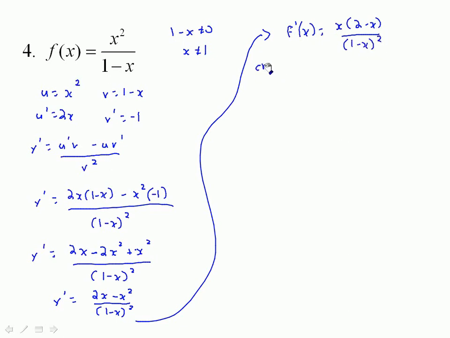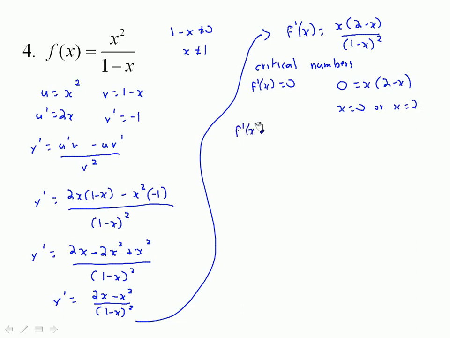So critical numbers, we go after them. Set the function equal to 0, so 0 is equal to x(2 − x). So x equals 0, or x is equal to 2 when you set 2 − x equals 0.